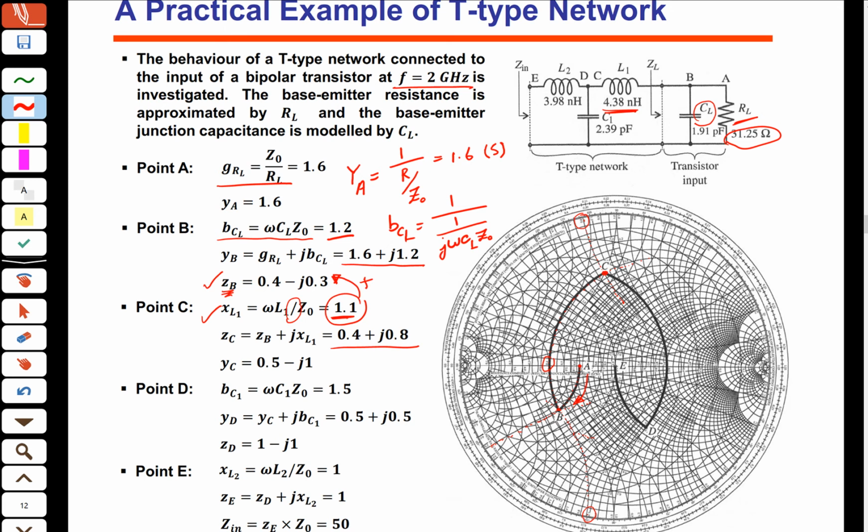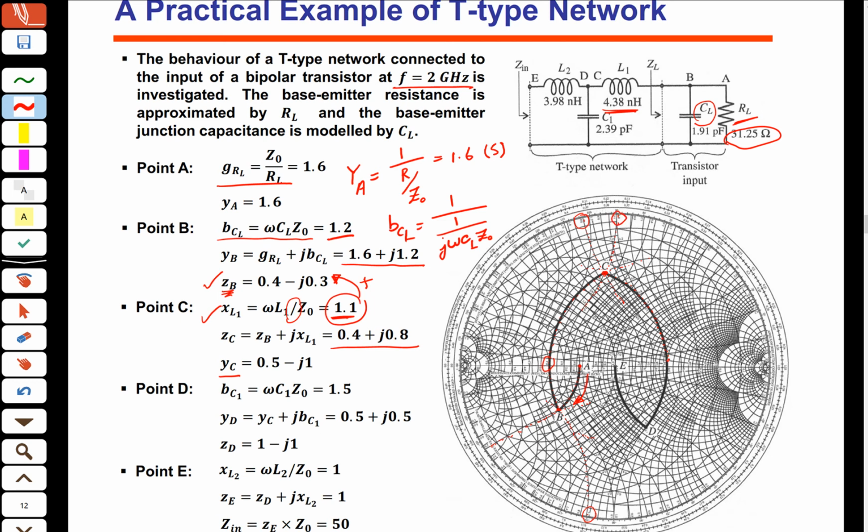Again, I'm looking at the admittance of this, which is very easy. It is the intersection of this circle and this circle. This circle is coming from this number, and this circle is coming from this number. Yeah, 0.5 and 1. So this is minus J1, and this circle is 1.